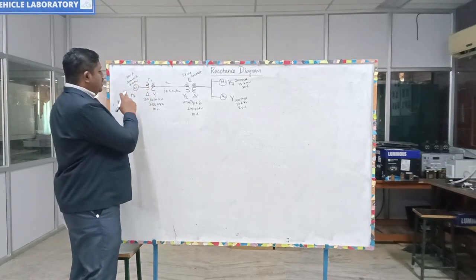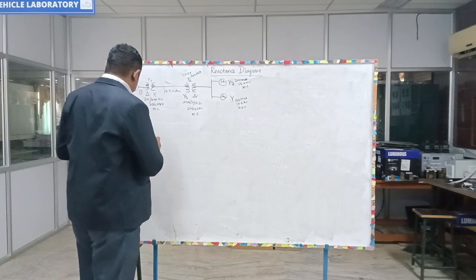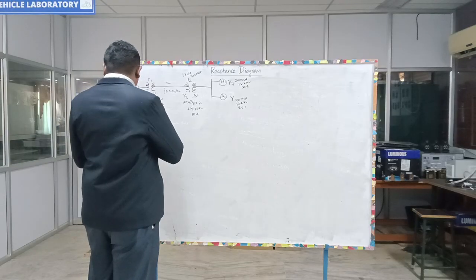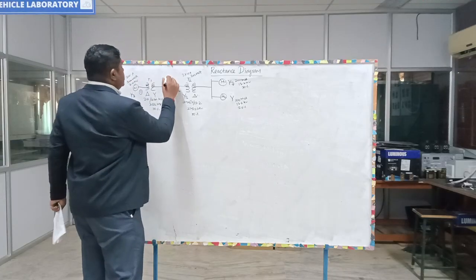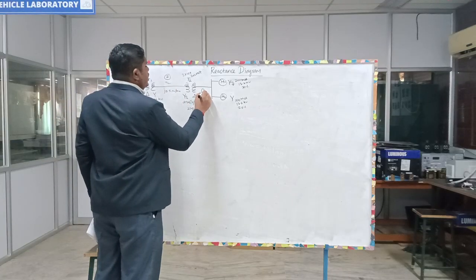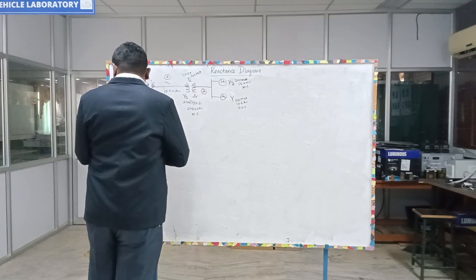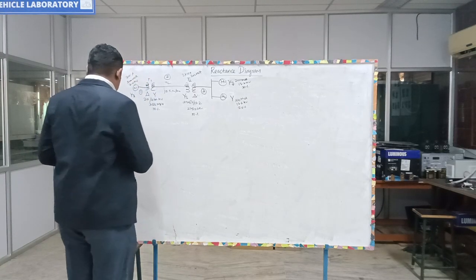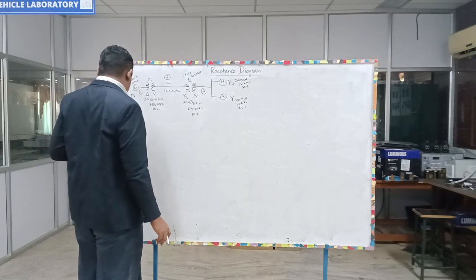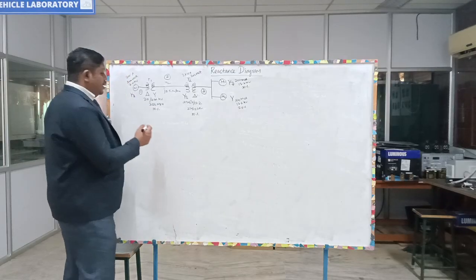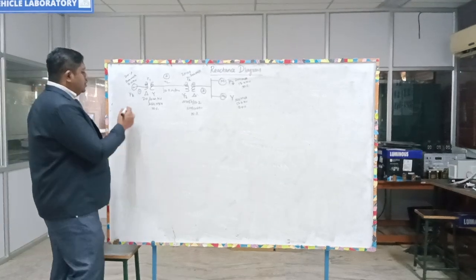So for example, here it is section 1, here it is section 2, and here it is section 3. Generally, the generator side MVA will be taken as the base MVA for the whole problem.